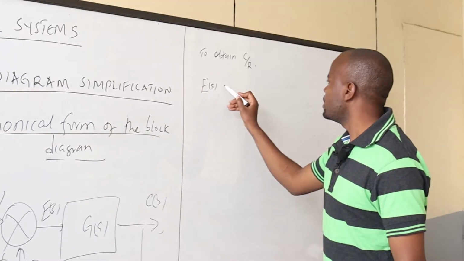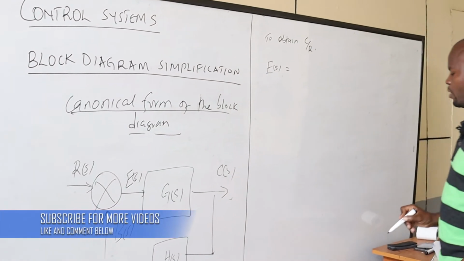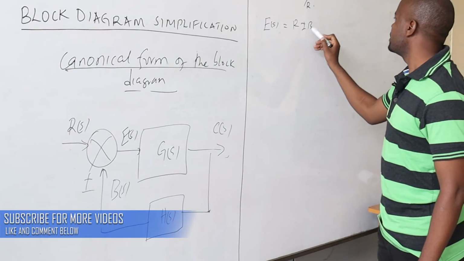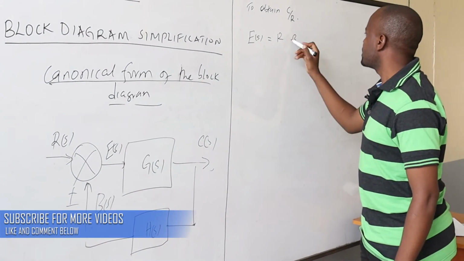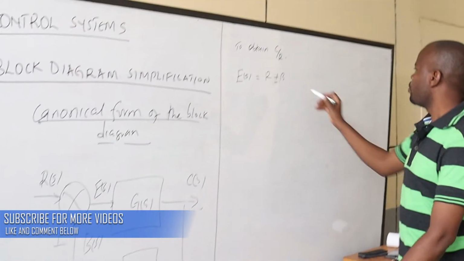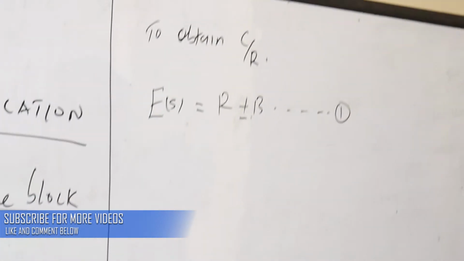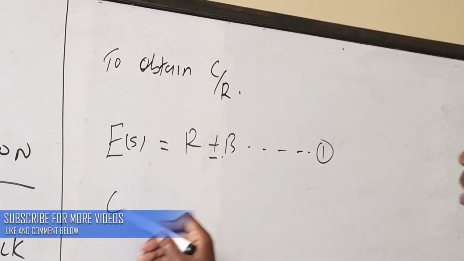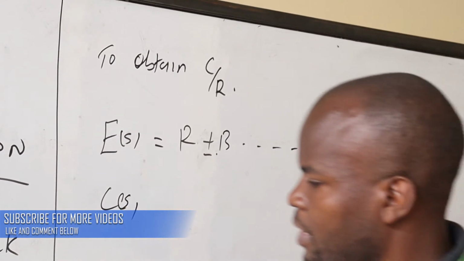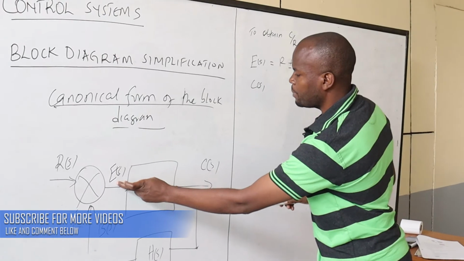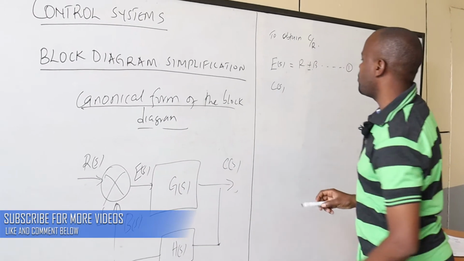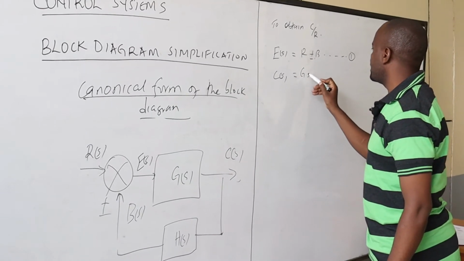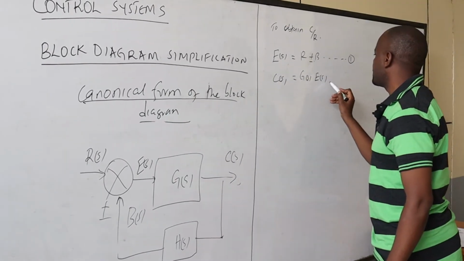E of S is given as R plus or minus B. We can call that equation 1. Then the second equation is C of S. The C of S here will be that particular error times the forward element, so it is G of S, E of S.